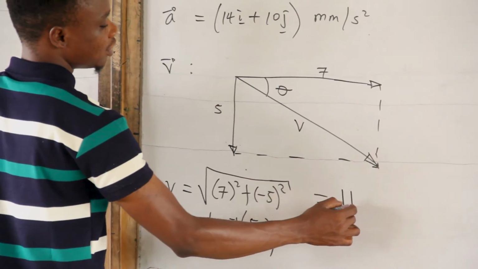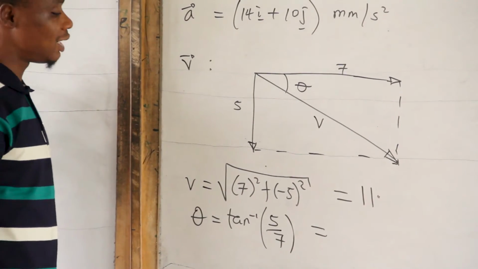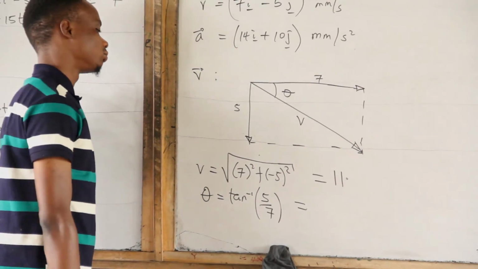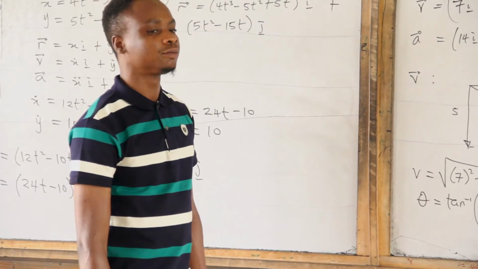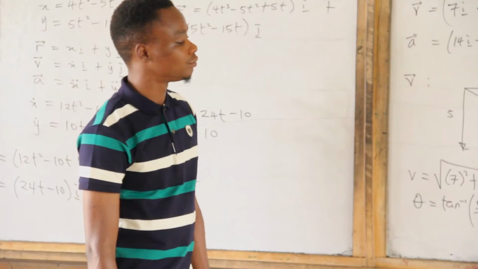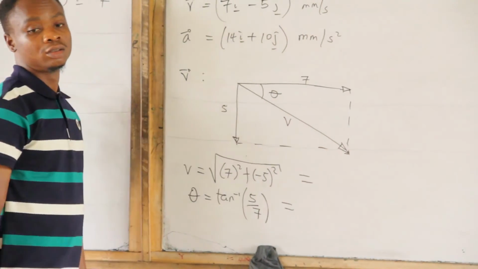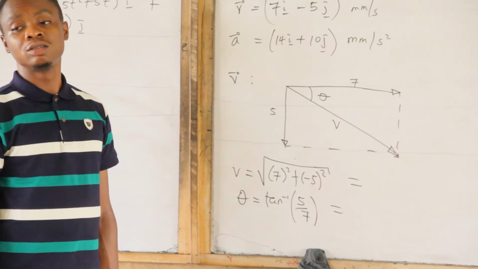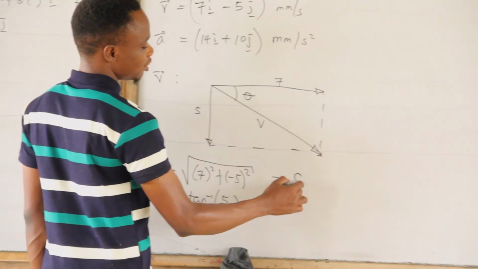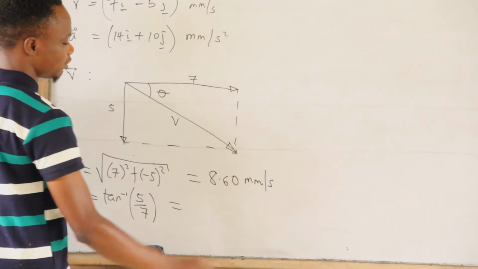What's the answer? That one is 74, so the square root is 8.60 millimeters per second.